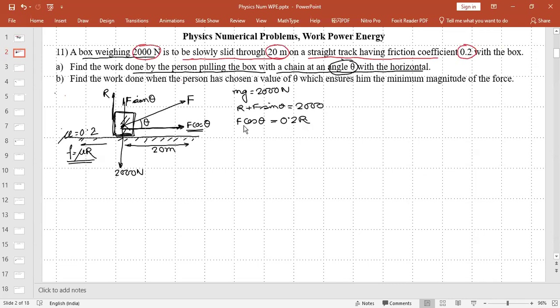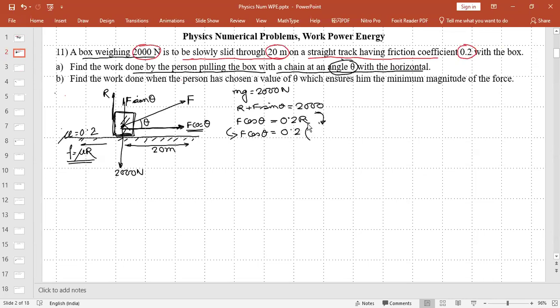So from here, F cos theta equals 0.2 times R. What is R? We find the value of R from this equation.